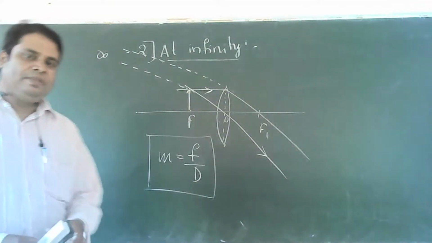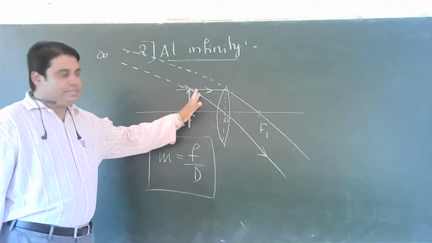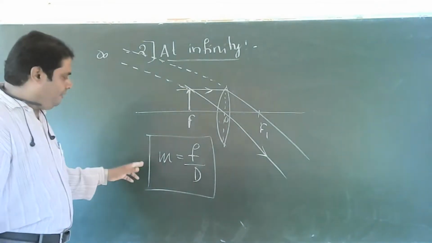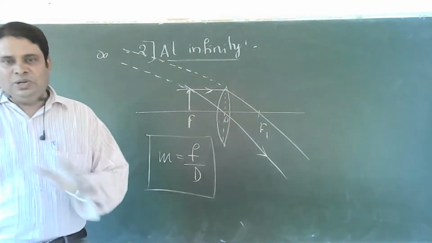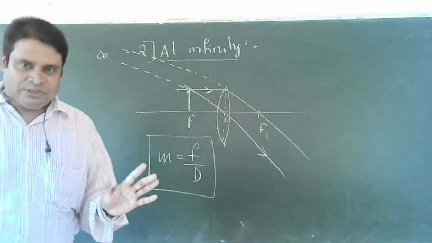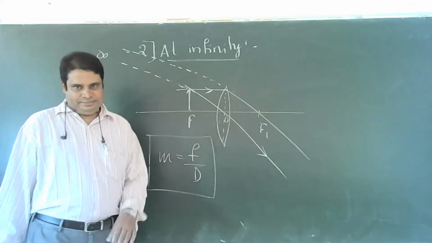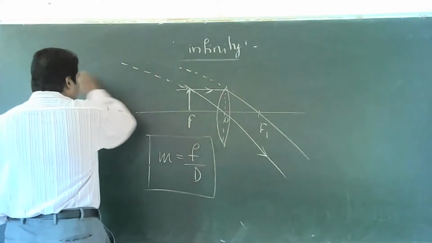In case of simple microscope, when image is formed at infinity, magnification is given by M is equal to F by D. Please remember it directly. No derivation is required. Okay, done.